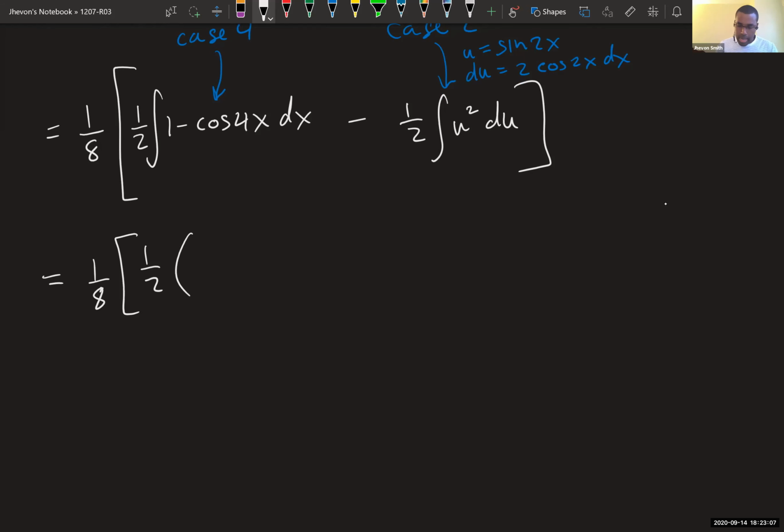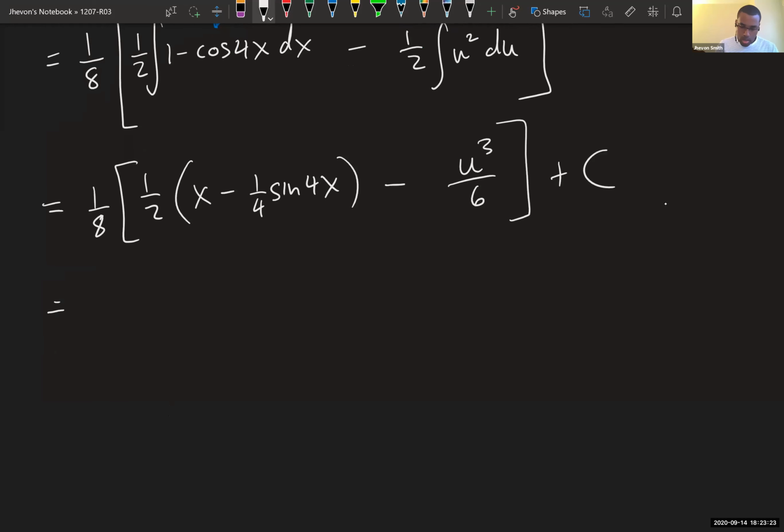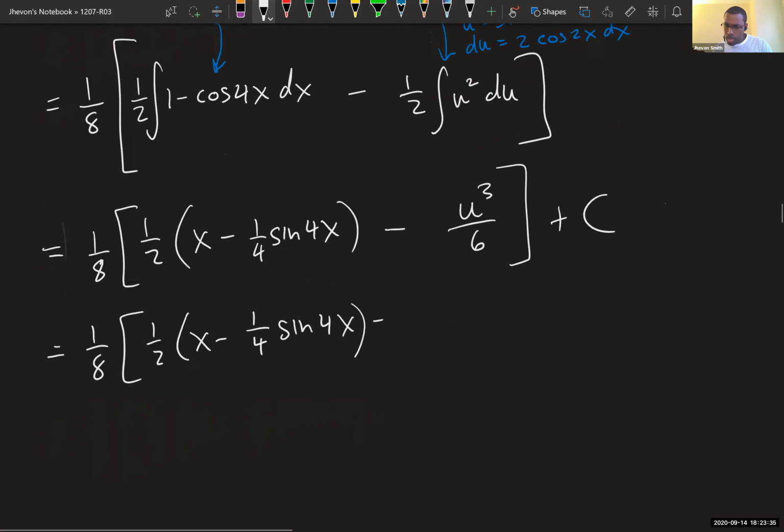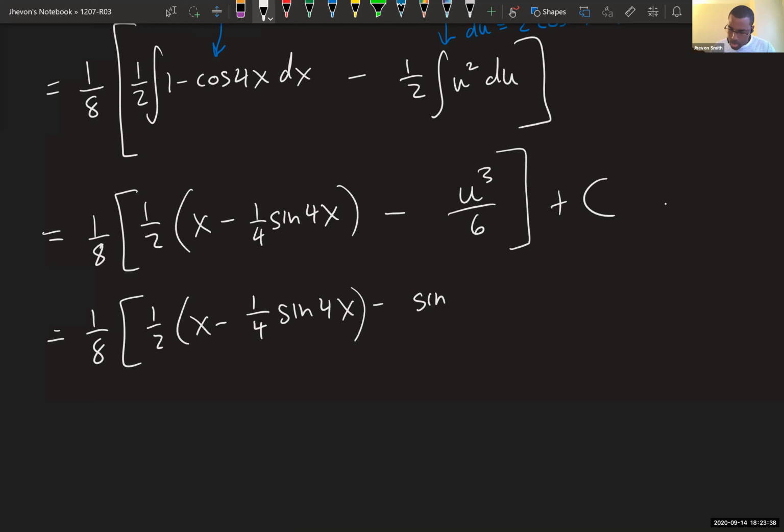So in the first one, I can just integrate. And in the second one, I can just integrate. It's a basic rule, so this is u cubed over 3. And so finally, our u was sine 2x, so it's sine cubed 2x.